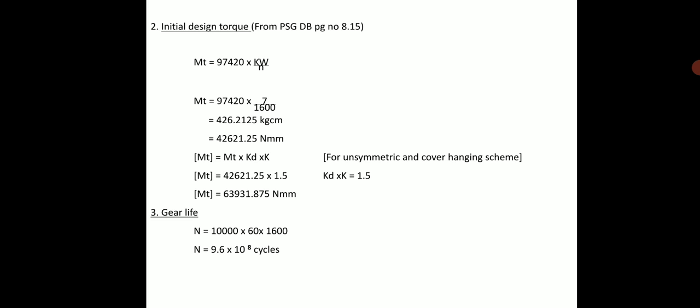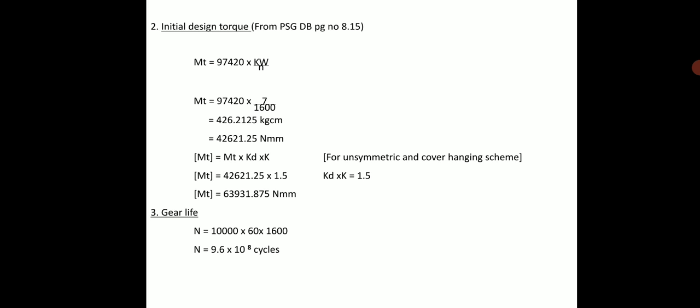Converting into Newton mm, that is 42612.25 Newton mm. For getting the value of [MT], MT into KDK. For a symmetric scheme, we are taking KDK is equal to 1.5. So we are getting [MT] is equal to 63931.875 Newton mm. Gear life N is equal to 10,000 into 60 into 1600.